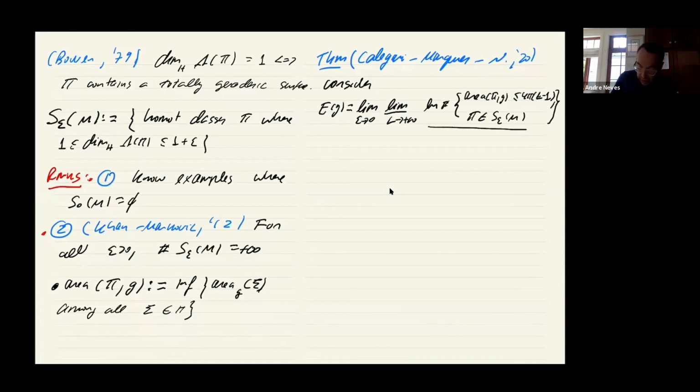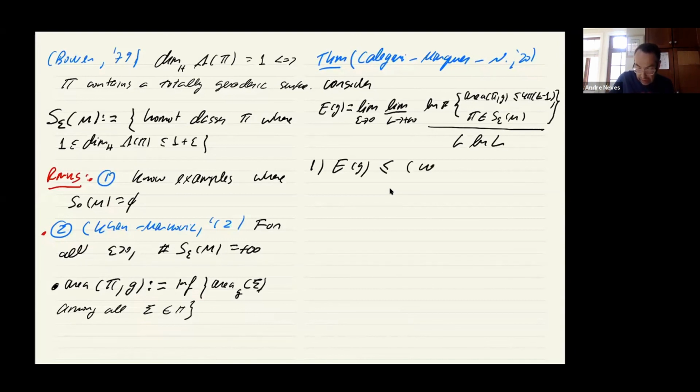And then we divide this by L log L. And so the result is that this quantity is always less or equal than a classical quantity for negatively curved spaces, which is known as the volume entropy.